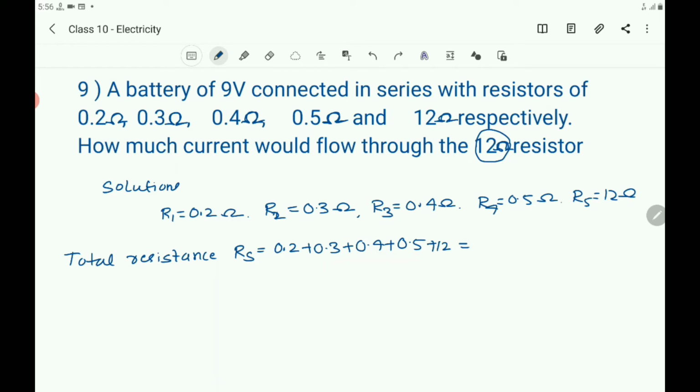What is the total resistance in series? 13.4 ohm.